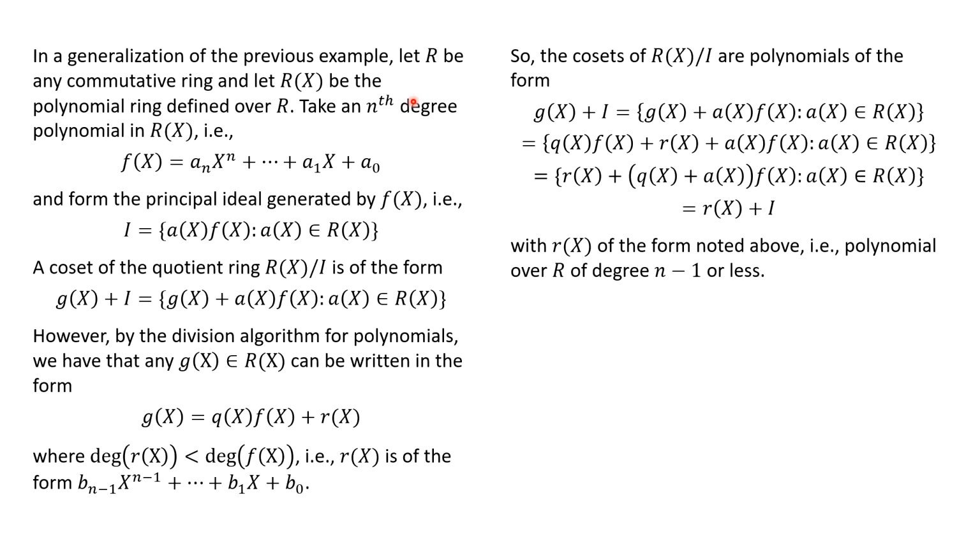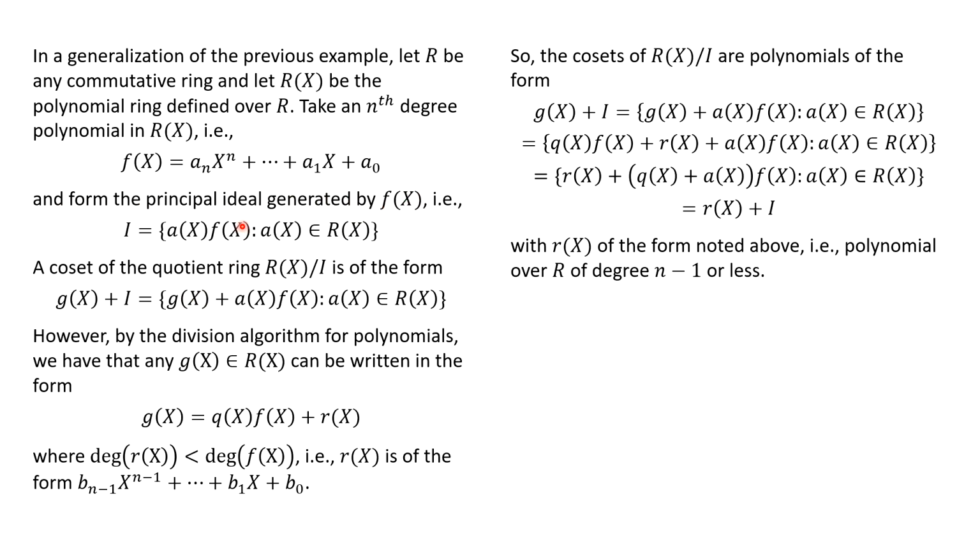We can generalize our previous example. Let R be any commutative ring and R[x] be the polynomial ring defined over R. In other words, we have the polynomials that have coefficients from this general ring R. Take any nth degree polynomial in R[x], i.e. f of x equals something of this form here, and form the principal ideal generated by f of x.